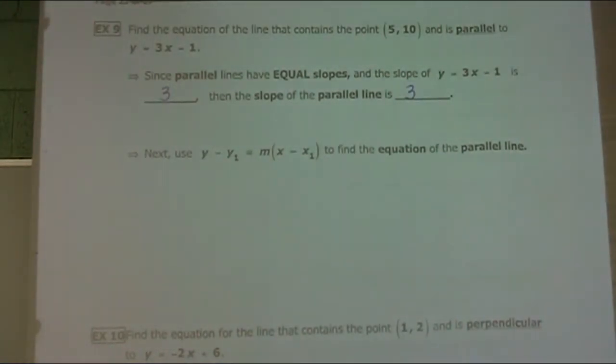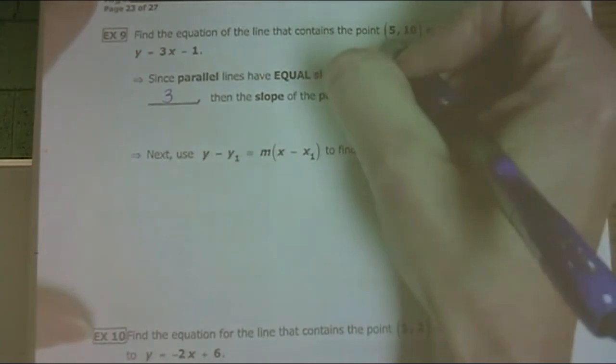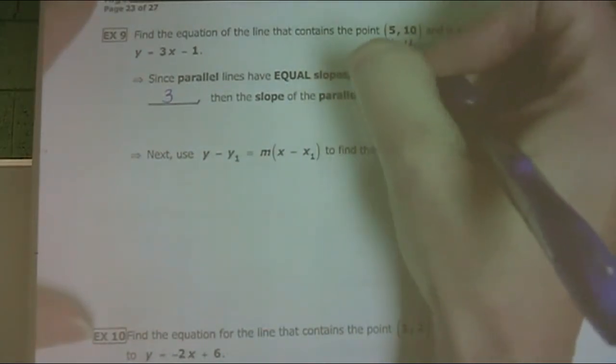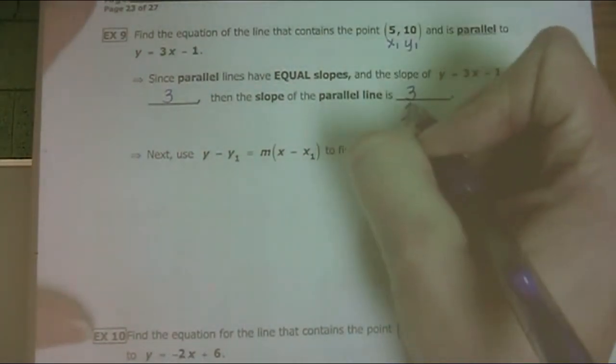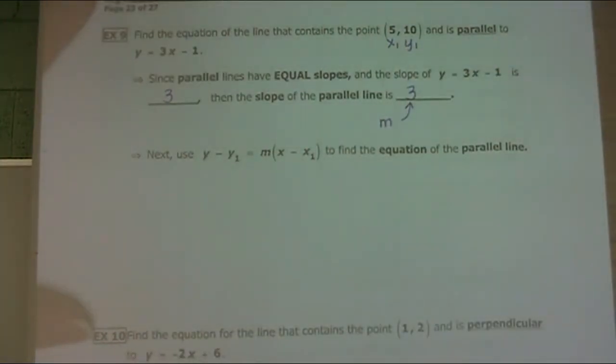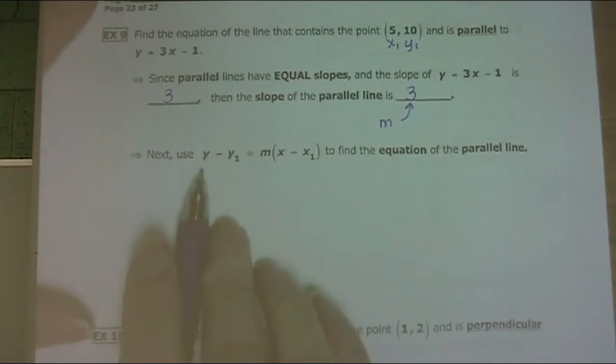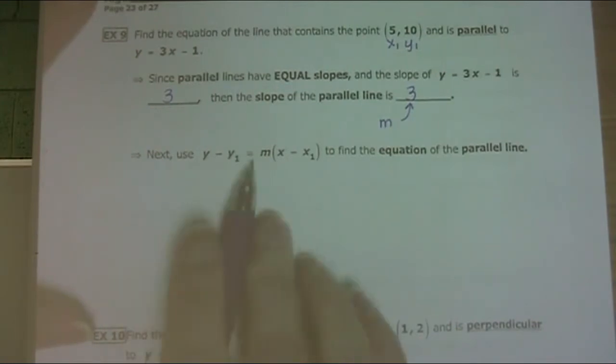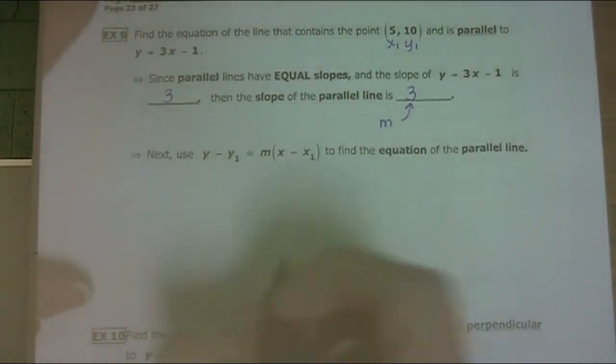So here's what we're going to do. We now know the slope of our line, it's also 3, and we're going to write an equation for our line. We're going to use this point, which is x1, y1, and we're going to use the slope of our line, which is m, which is 3. And we're going to plug all of this into our point-slope formula to calculate the equation for this line.